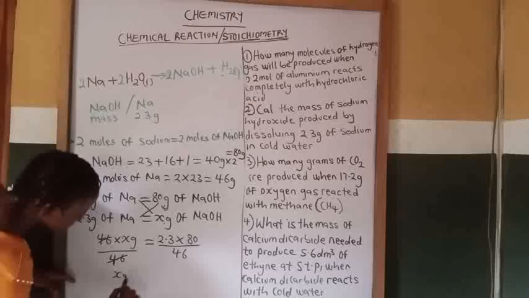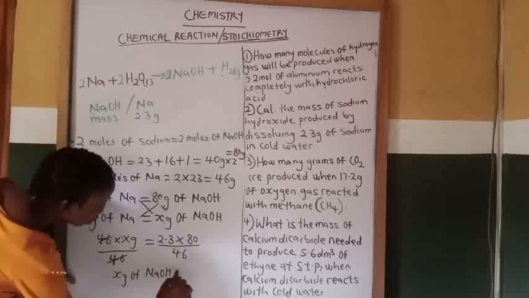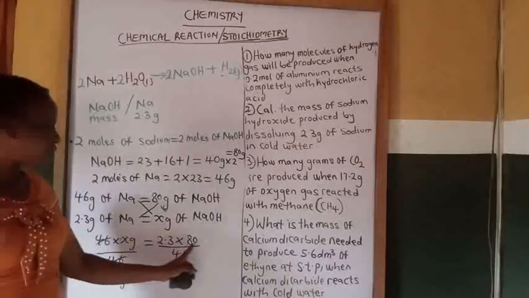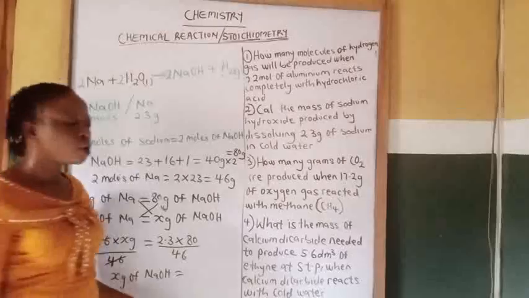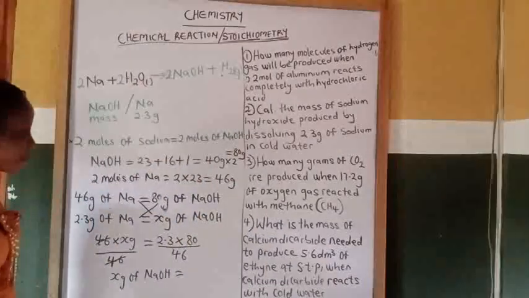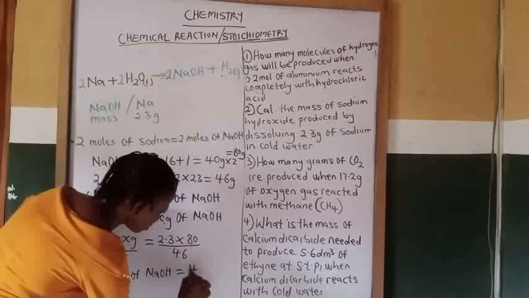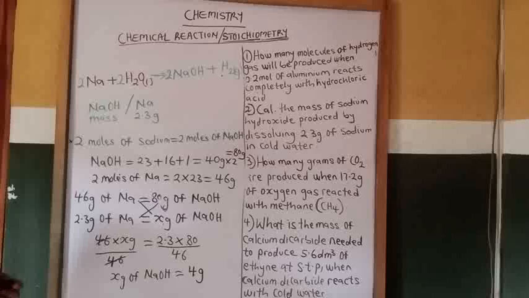Then x gram of sodium hydroxide will be equivalent to 2.3 times 80 divided by 46, which will give us 4 grams. So our answer for that is 4 grams.